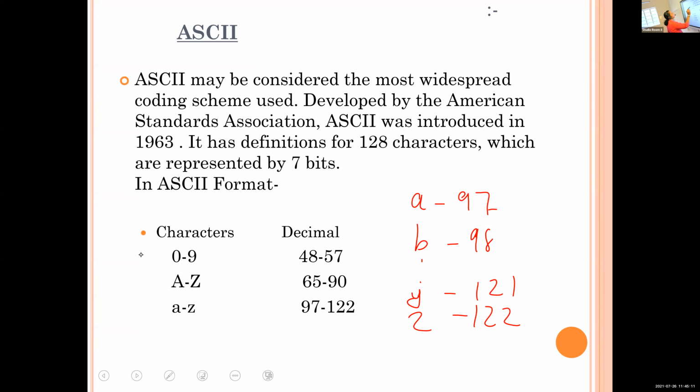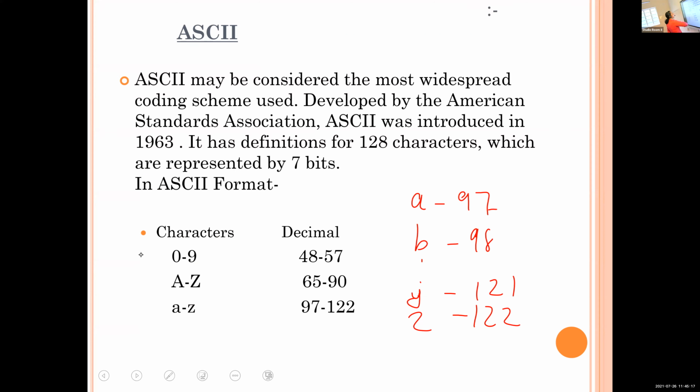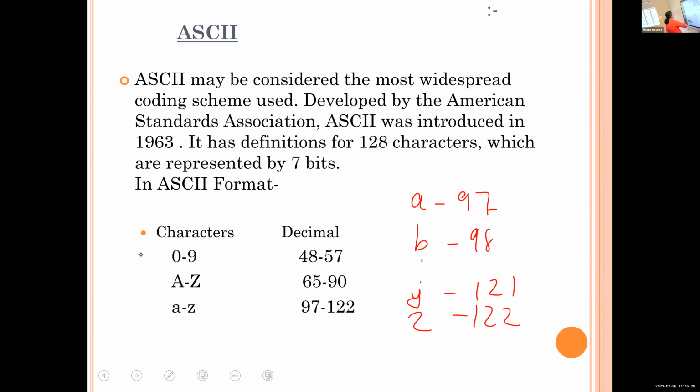The important points: 128 characters, which use 7 bits, and all these ASCII values are important.